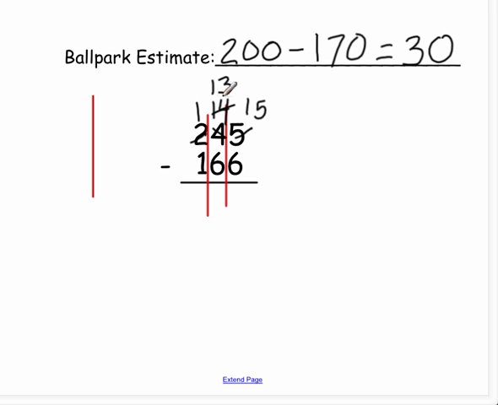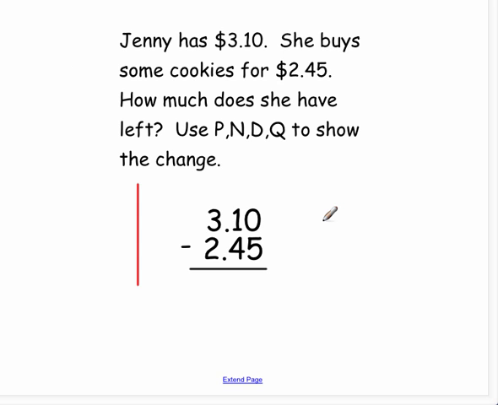Now all my numbers are bigger, top is bigger or the same as the bottom, so I can go ahead and subtract. 15 minus 6 is 9. 13 minus 6 is 7. 1 take away 1 is nothing. So my answer is 79.